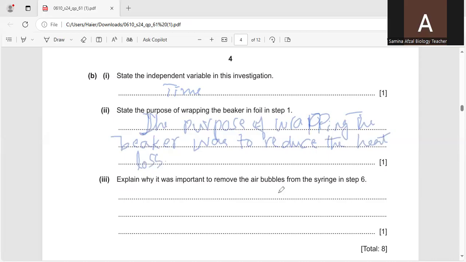So to maintain accuracy, accurate use of volume. I think it's enough to maintain the accurate use of volume for this investigation.